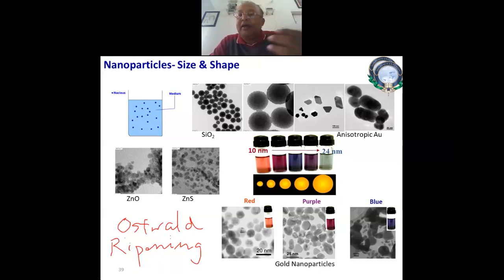Okay, and any image taken by an electron microscope is always grayscale. Okay, you'll always see it in shades of black and white. Okay, and the TEM image or electron microscopy image is two-dimensional. Then I'll explain why it is two-dimensional.